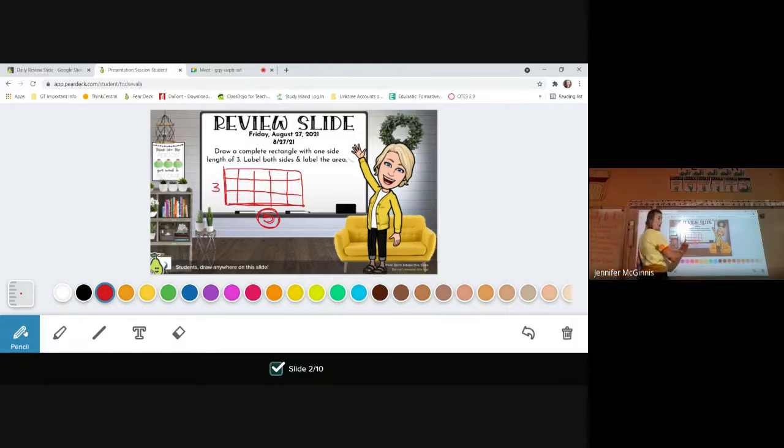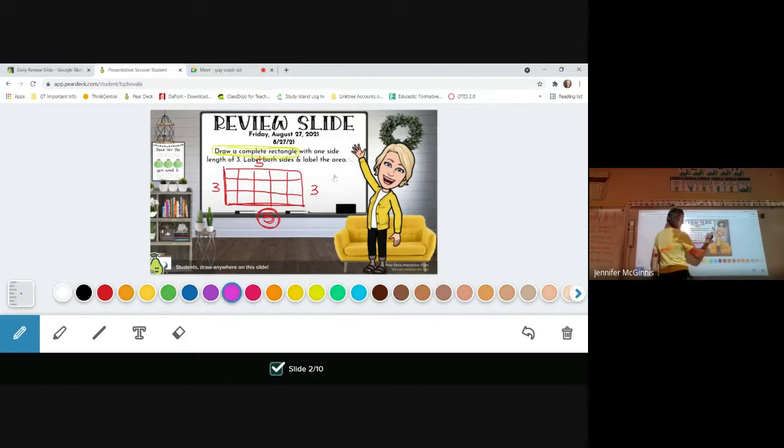This side is 3, and so this side is also 3. Look, 1, 2, 3. If this side is 5, this one's going to be 5. Because the directions say, draw a complete rectangle.